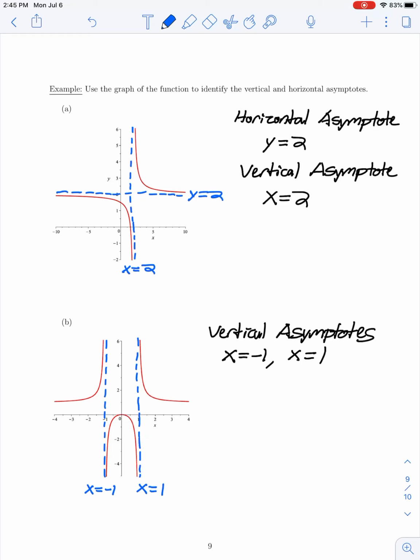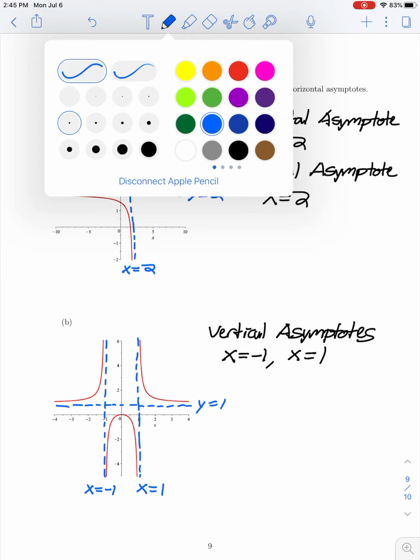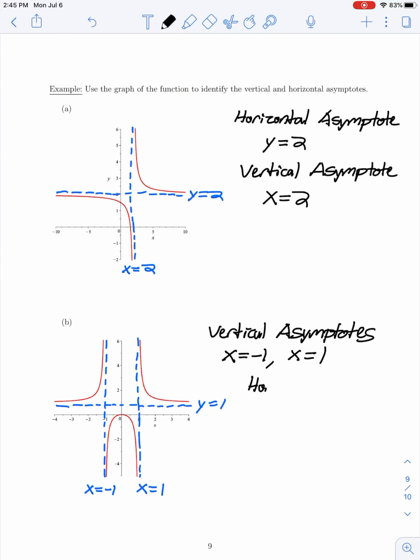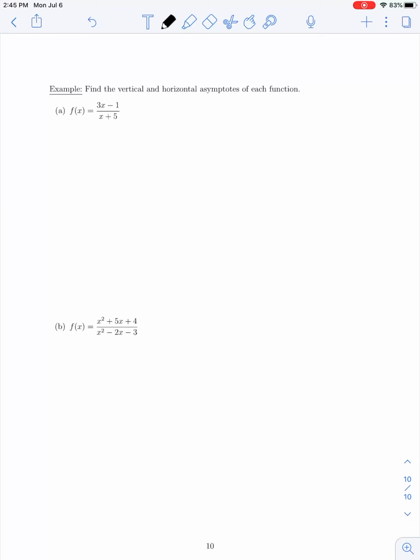And we can see from our graph that it appears that we have a horizontal asymptote passing through y equals 1. Okay, so if we have the graph of a function provided, it's not difficult to recognize vertical or horizontal asymptotes.